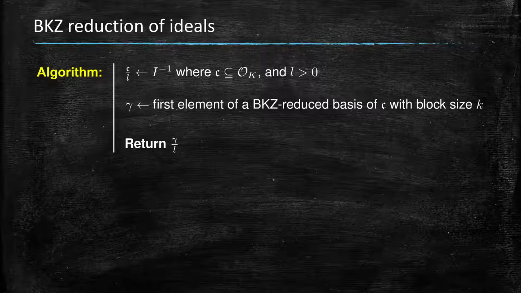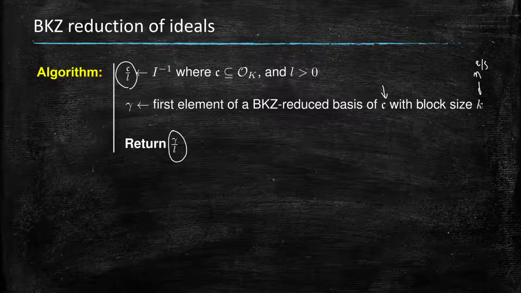We're assuming that we're given an ideal I, and then we take its inverse and write it down as C over L, and then we apply a lattice reduction method to C. Typically we'll use BKZ if we want to find an asymptotically interesting result, and we'll use block size k equals n^(2/3). With that size, we return the first reduced element in the basis divided by L.